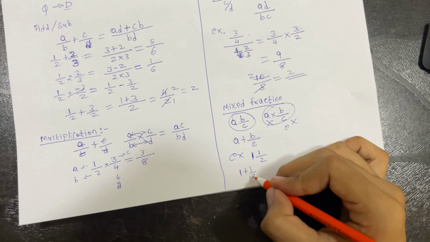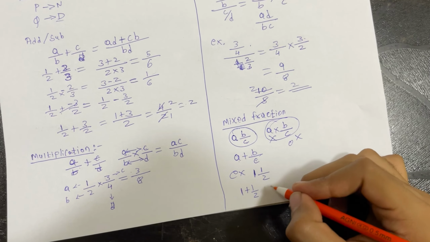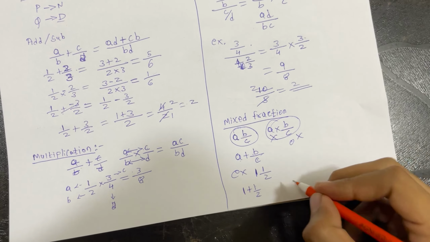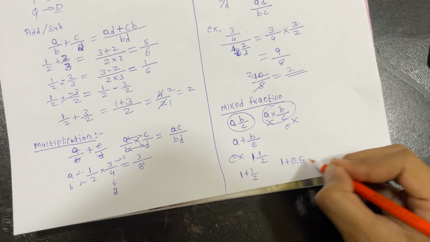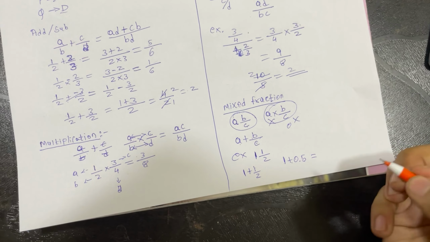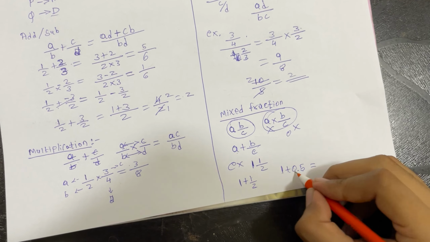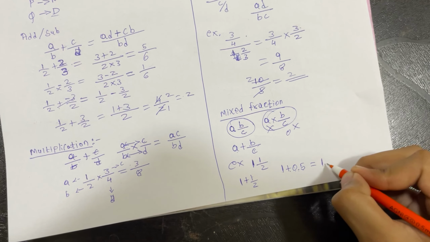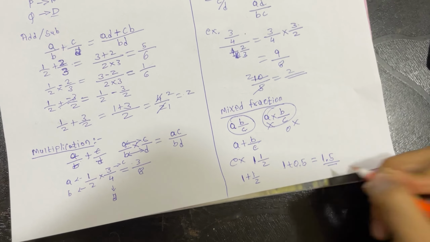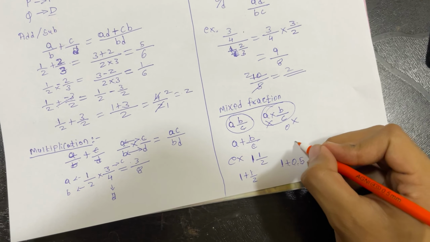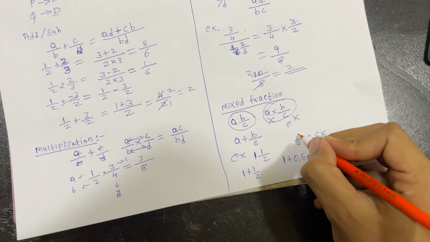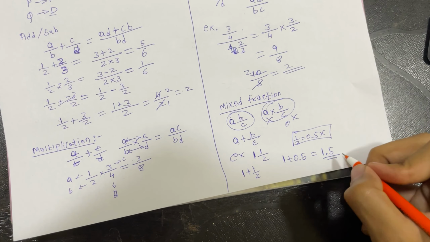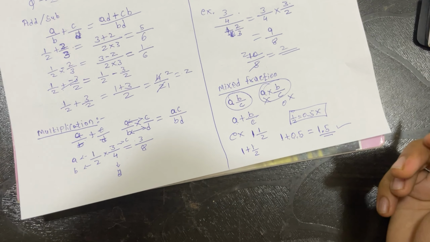Okay, now 1 plus 1 by 2 means 1 plus, we know 1 by 2 means 0.5. So 1 plus 1 by 2 or 0.5, we can write as 1.5. So the real answer is 1.5 and not 1 by 2, that is equal to 0.5. This is totally wrong and this is the right answer.